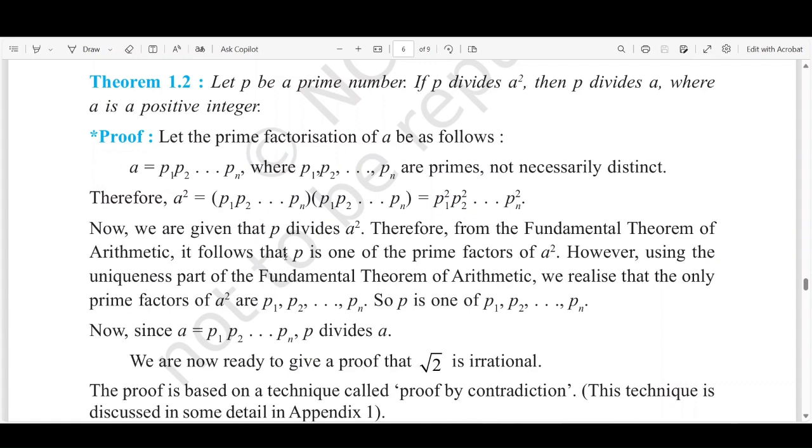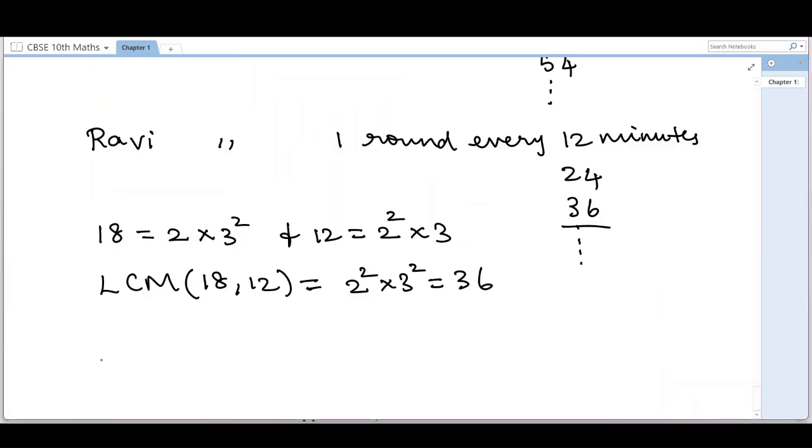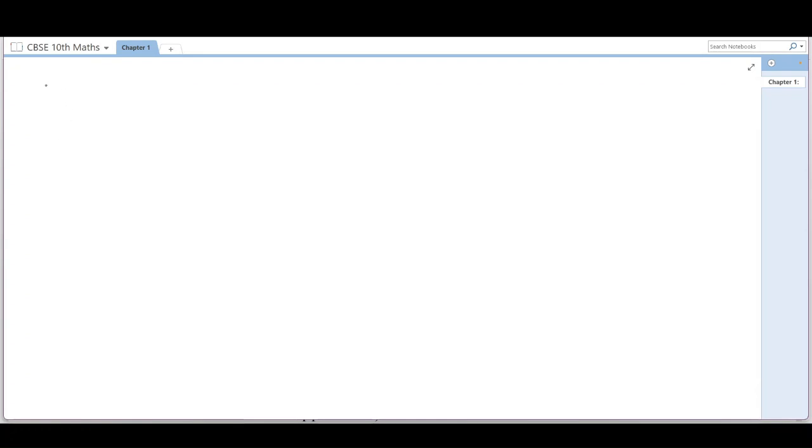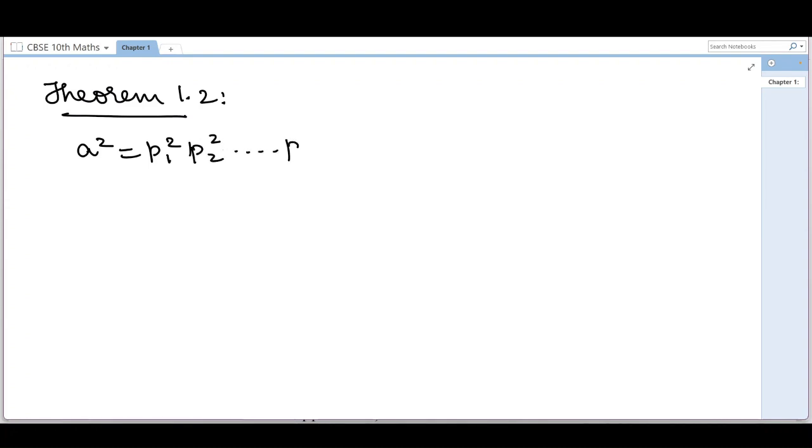We know that p divides a square, right? So according to the fundamental theorem of arithmetic, we know that the product of prime numbers should be in a unique way, but we have represented a square as the product of p1 square, p2 square, etc. up to pn square.